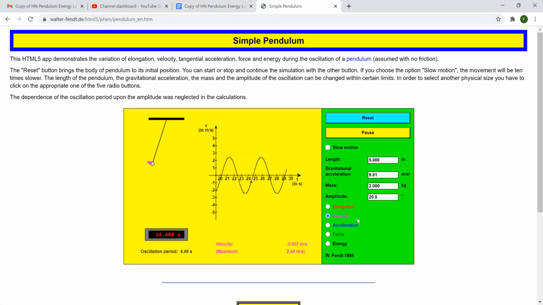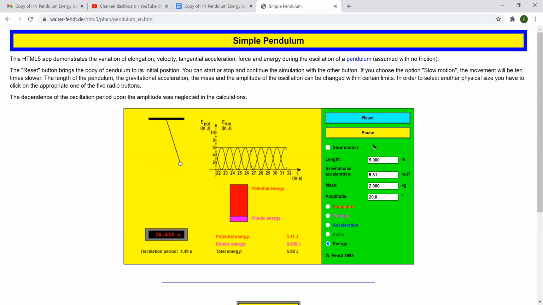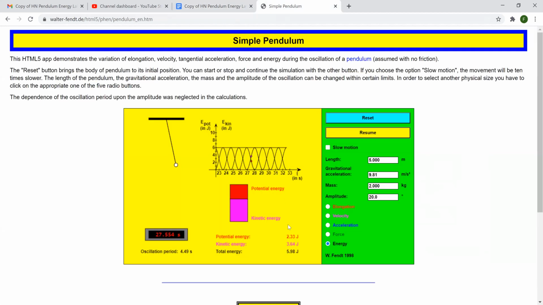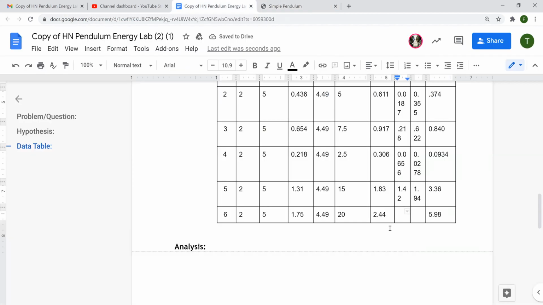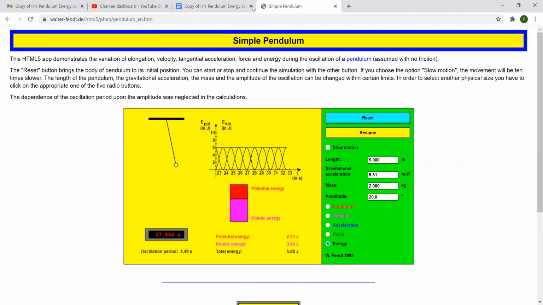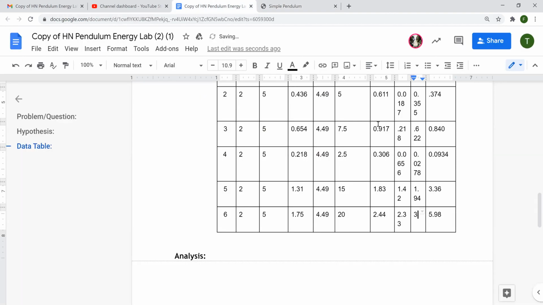And then the energy is 5.98. See that energy is going up as we increase the amplitude, 2.33. And then it's 3.64. Okay, so that's your data set.